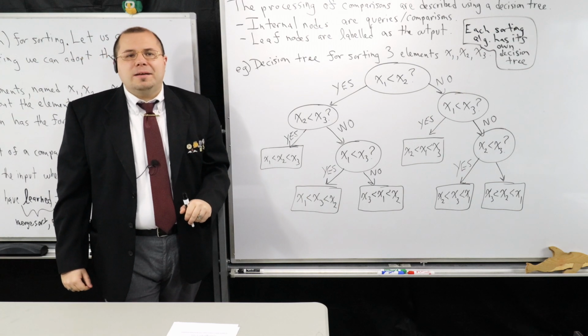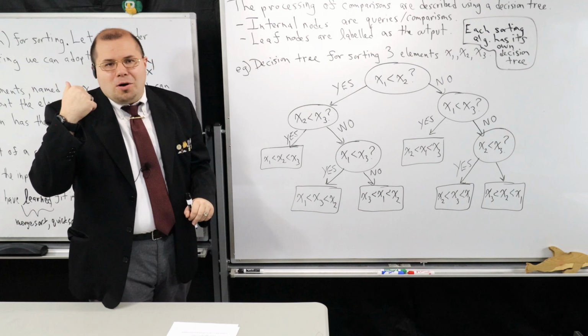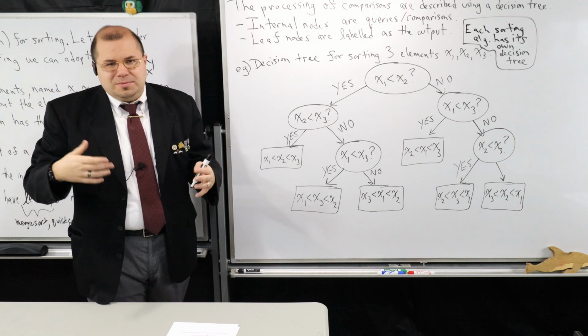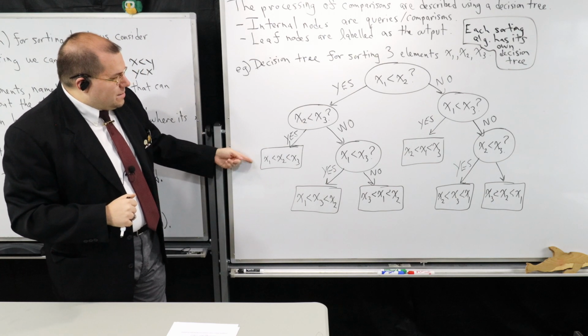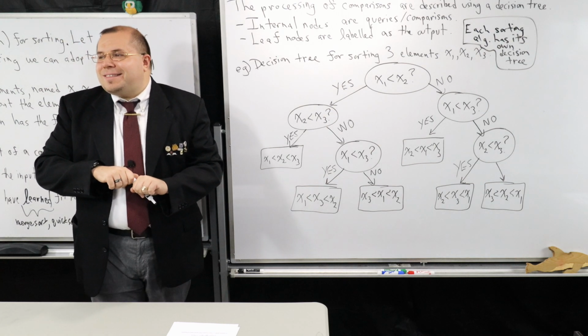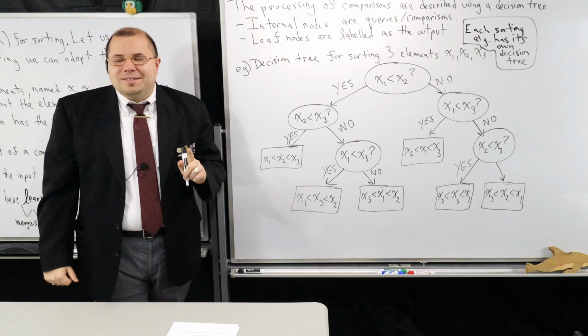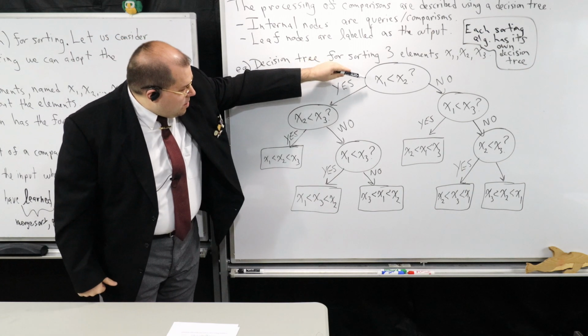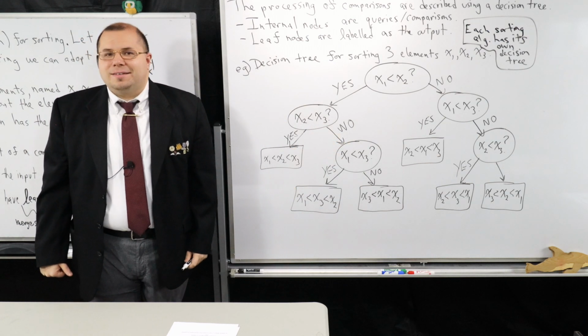Can somebody tell me? I want you to think back to what I said before, that when we run a sorting algorithm, it performs some comparisons and then does stuff, right? But what does this represent? I don't want to use the P word yet, but what does that represent? What does this represent if I go from up here, zigzag down this way, and get to right here?